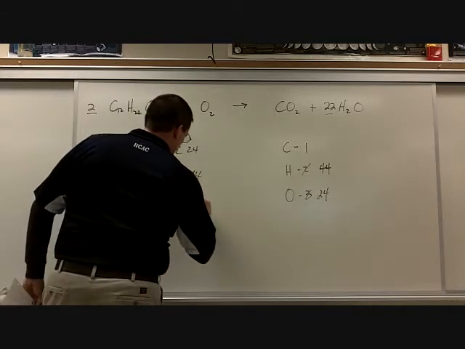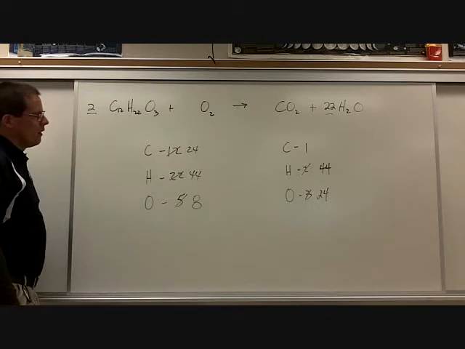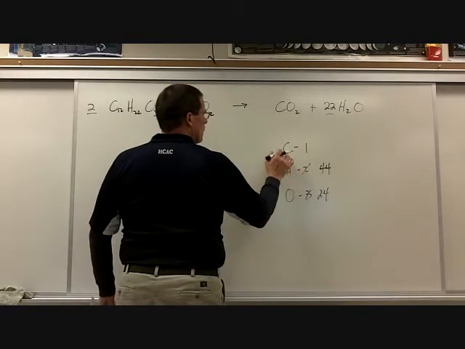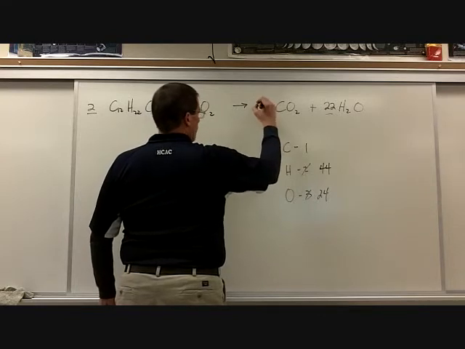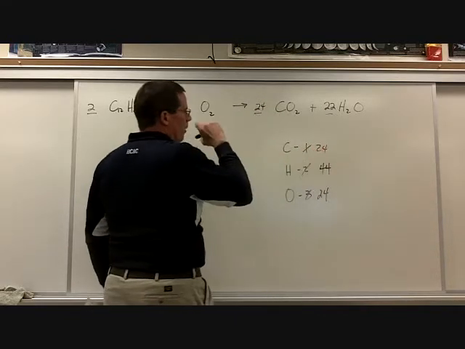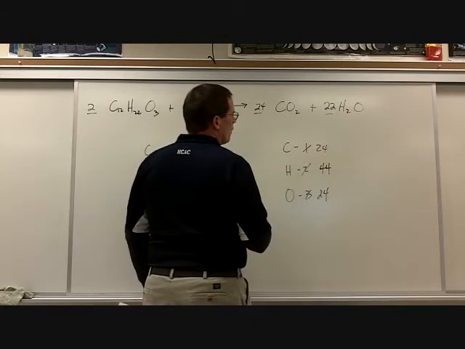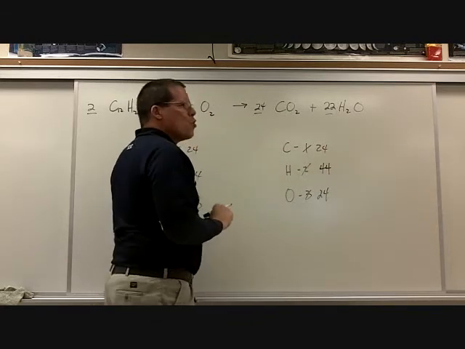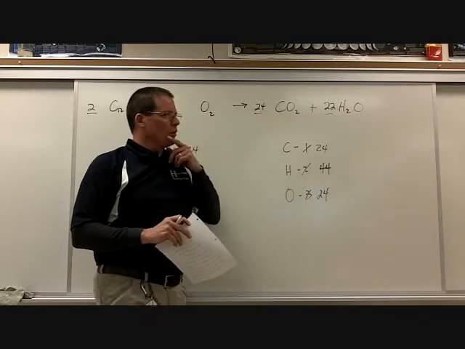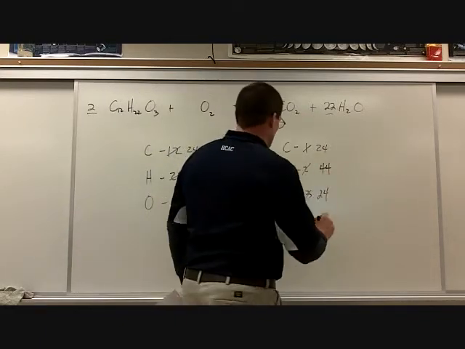Very good. How can I get 24 carbons? 24, yeah. So now I've got 24 carbon. How many total oxygen do I have on the right? 24 times 2 plus 22 times 1, which is 70. Very good.